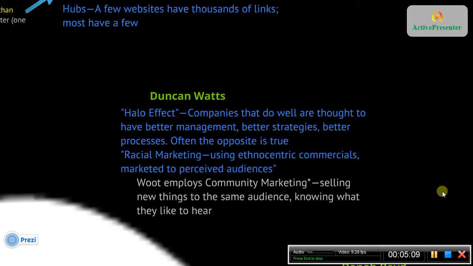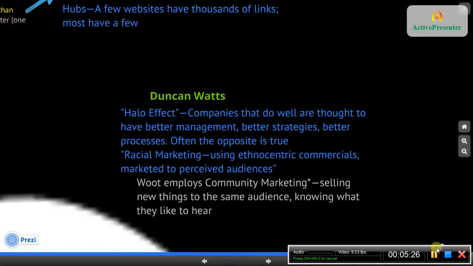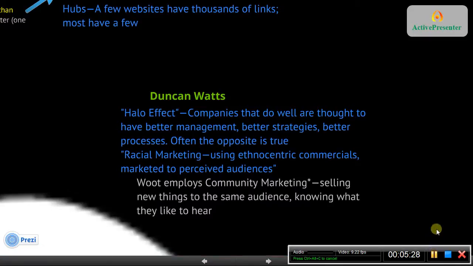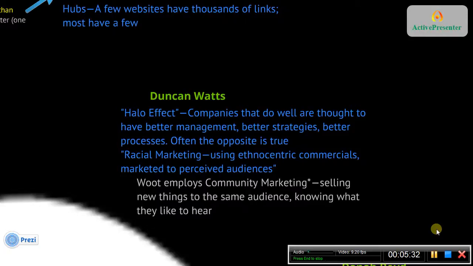Duncan Watts describes his halo effect, saying that companies that do well are thought to have better management, better strategies, better processes, but often the opposite is true. This took place for Woot because basically they took a theme, a principle that was already in use, the deal a day type marketing strategy, and then came up with a way to make their site special.